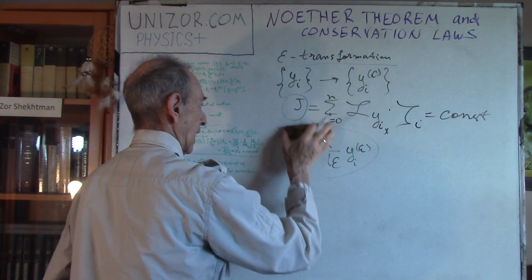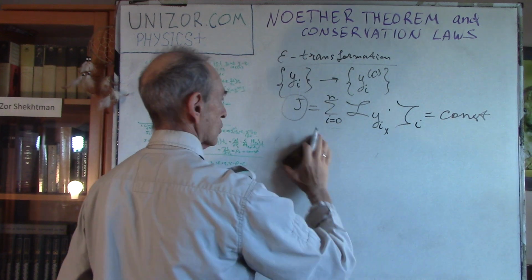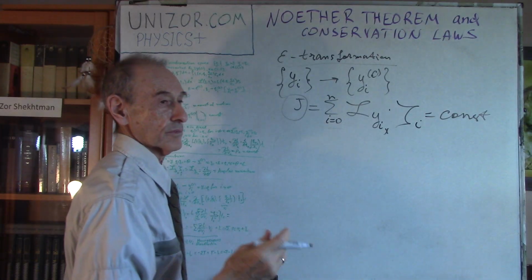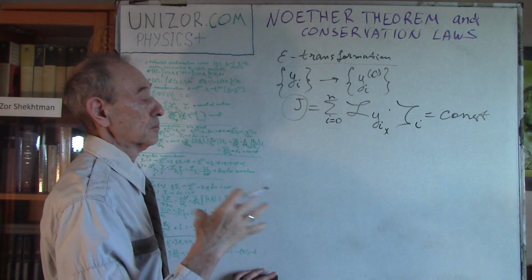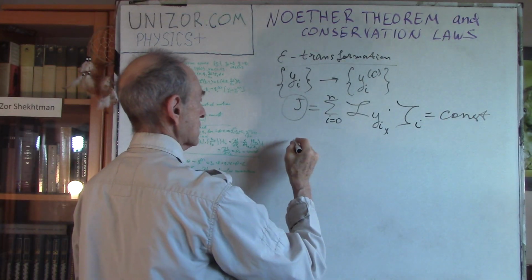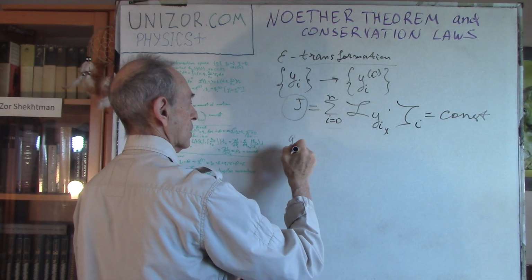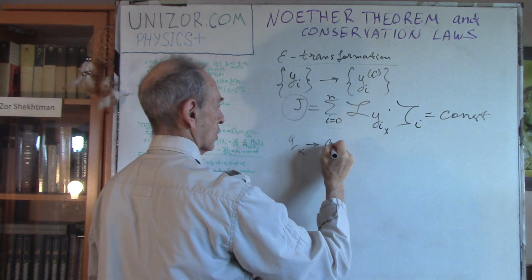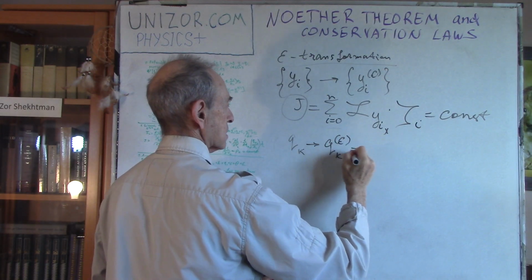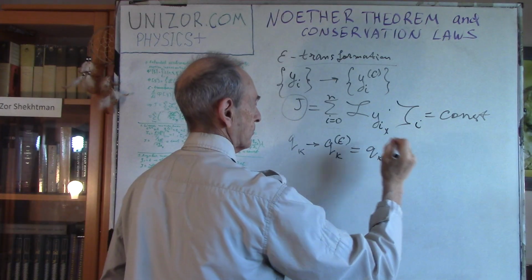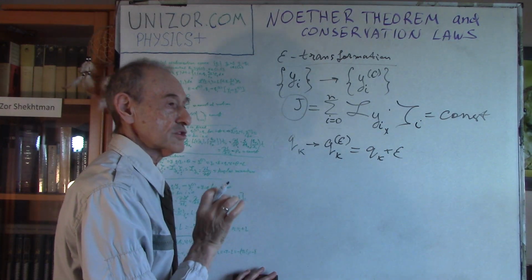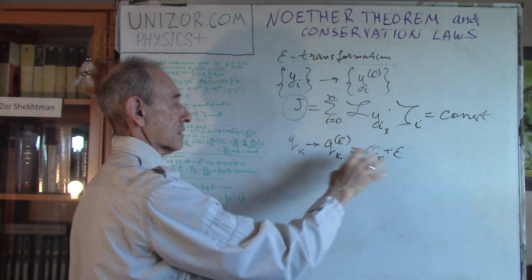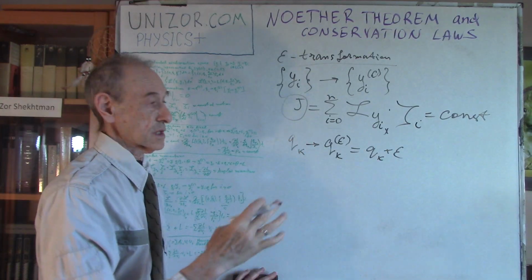Now what I'm going to do today is apply this to certain conservation laws based on certain very simple motions. My first motion: let's consider that some q_k is changing to q_k of epsilon, which is equal to q_k plus epsilon. What does it mean? It means that we are just moving along one particular space coordinate. Time is not changing, and other coordinates not equal to k are not changing.